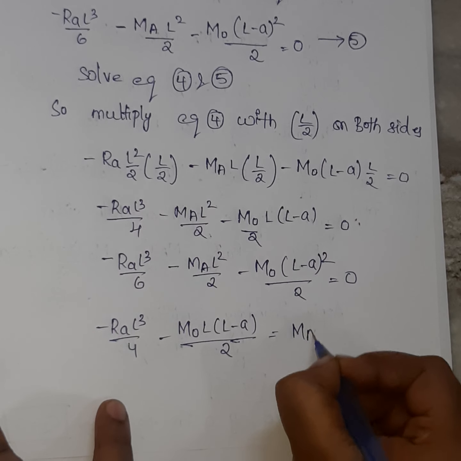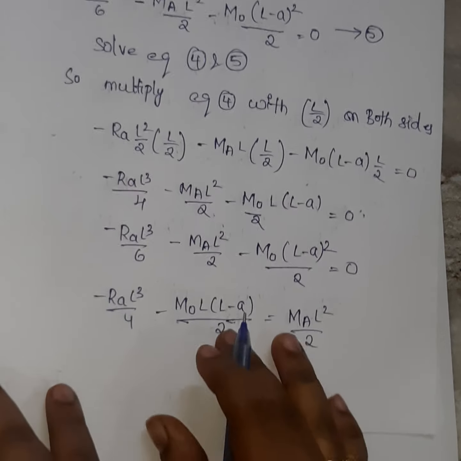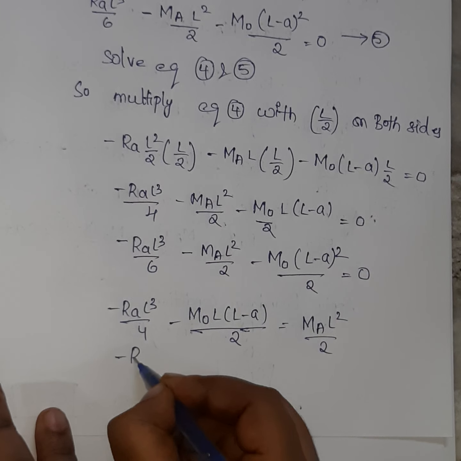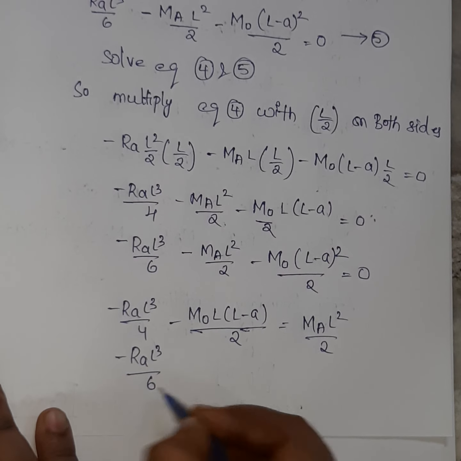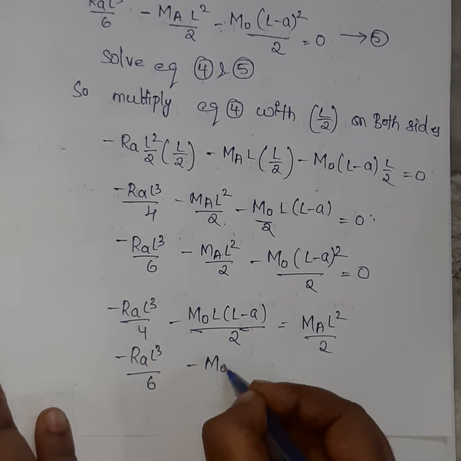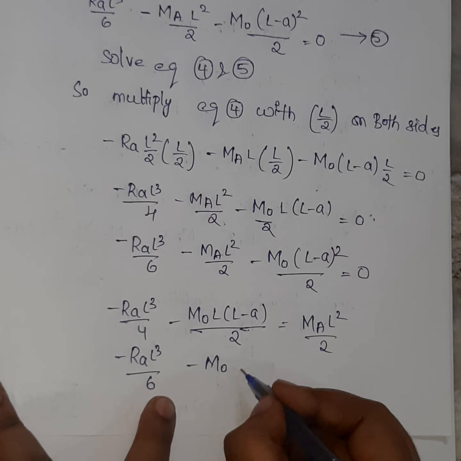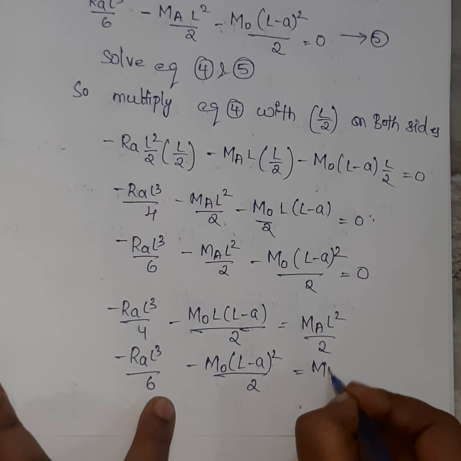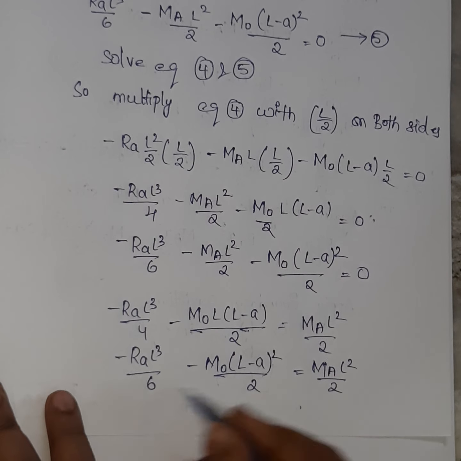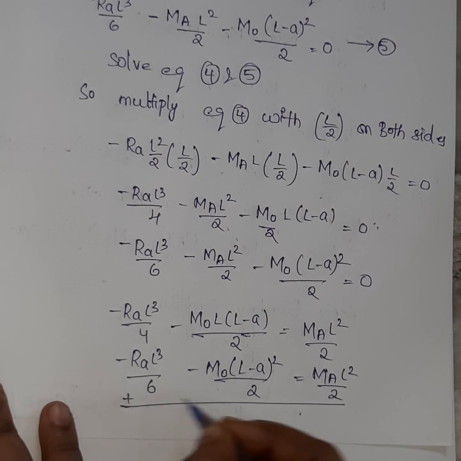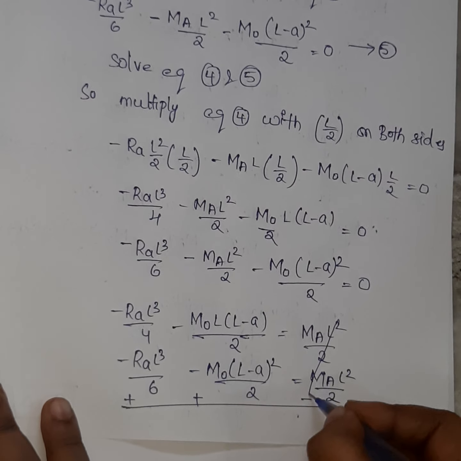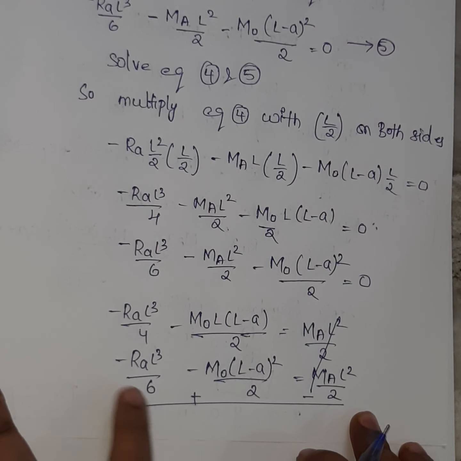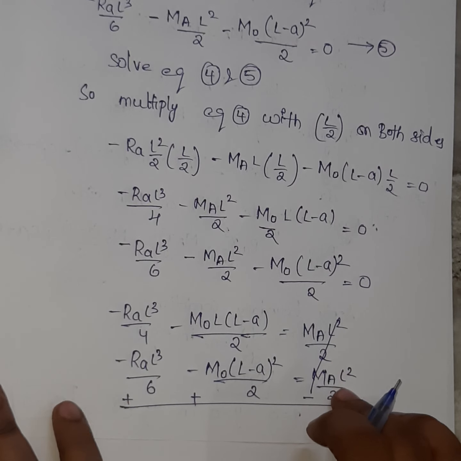This equation I am writing as minus RA L cube by 6 minus m naught L minus A whole square by 2 is equal to MA L square by 2. So both cancel, since it is plus and minus, so it is 0.